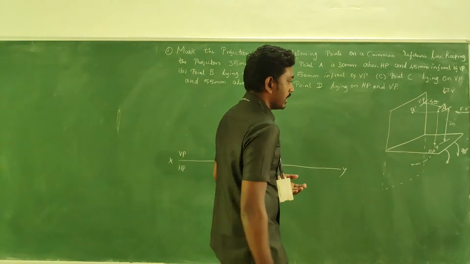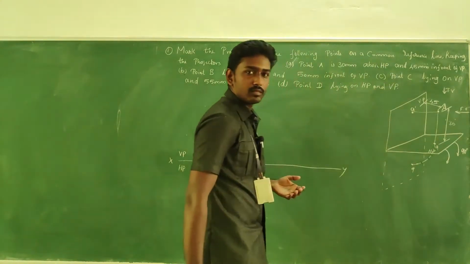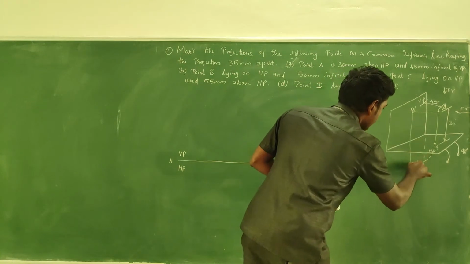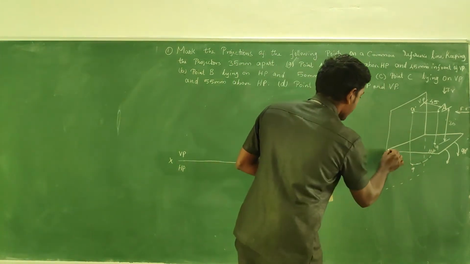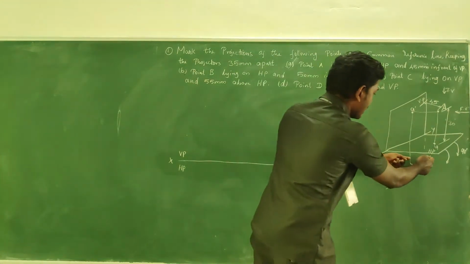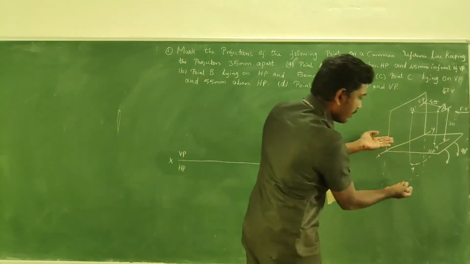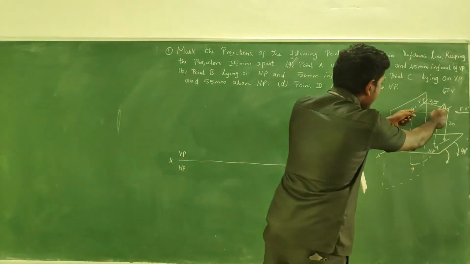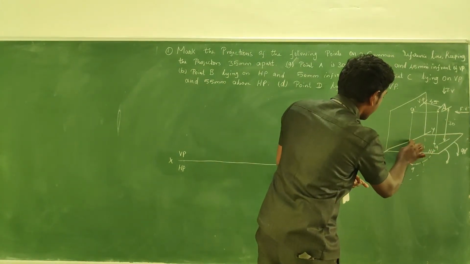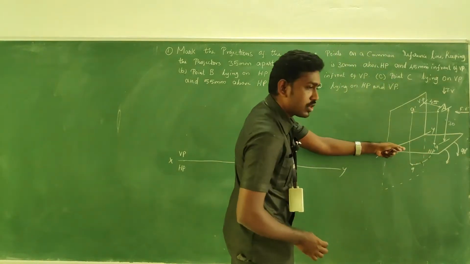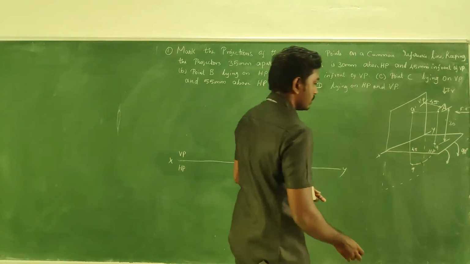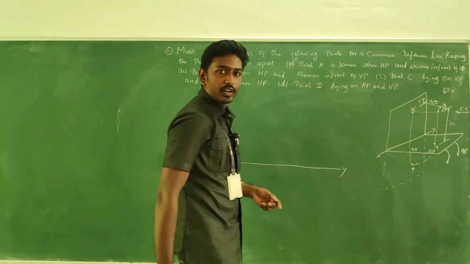Here it comes, A. If you take the measurement of A from the reference line, this horizontal measurement will be taken from the reference line to this A. That means this will be your 45.